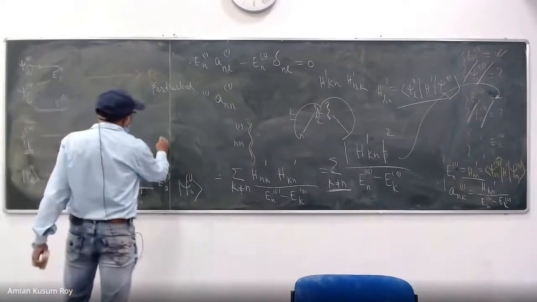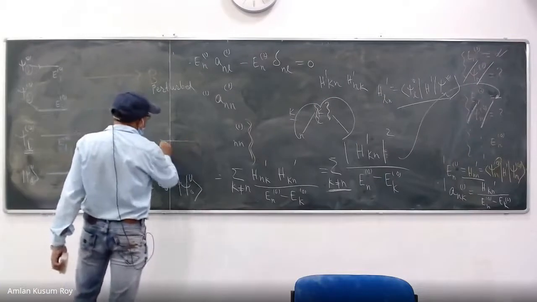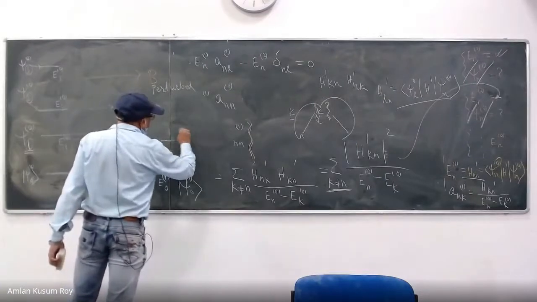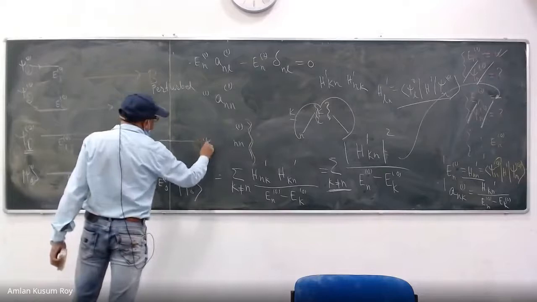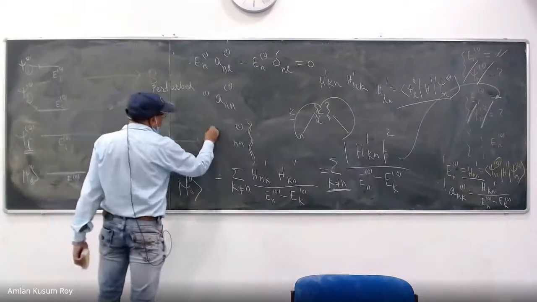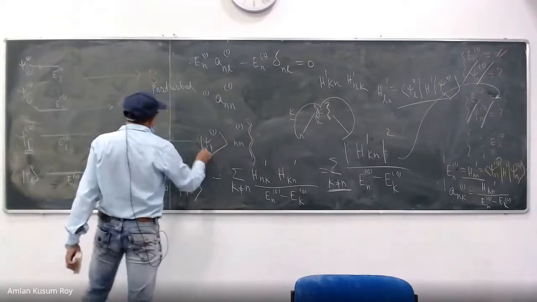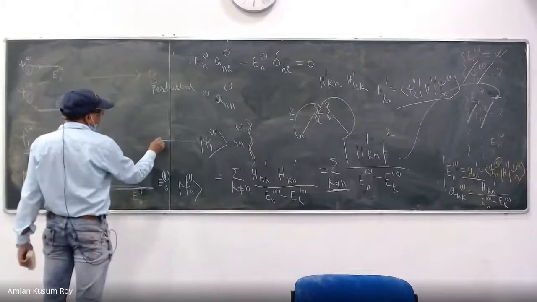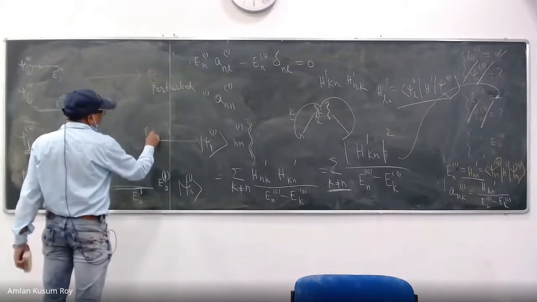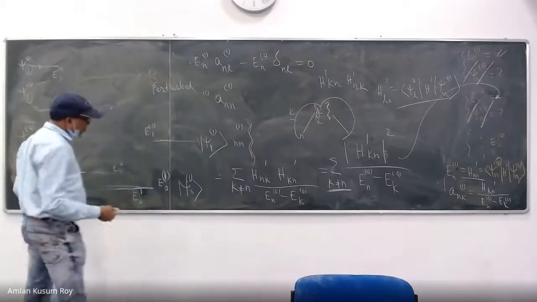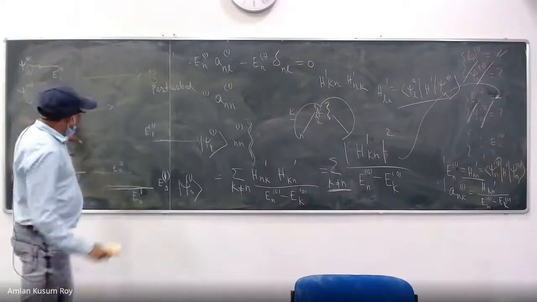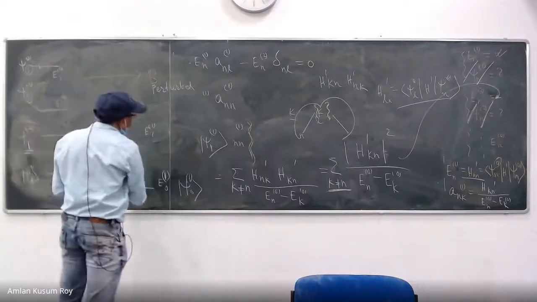Now you come here. So this is the second state. Second state, but so what is this state? Psi 1, 1. And what is the energy? Corresponding energy is E1, 1. That means from the ground state, this should be a little bit lower actually.